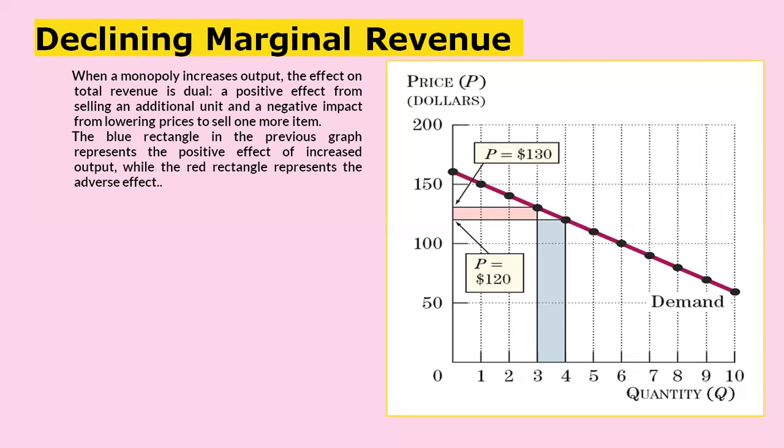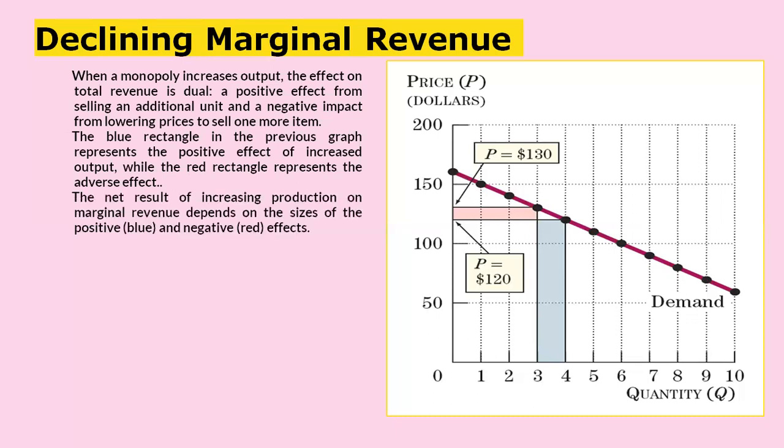The blue rectangle in the previous graph represents the positive effect of increased output, while the red rectangle represents the adverse effect. The net result of increasing production on marginal revenue depends on the sizes of the positive blue and negative red effects.